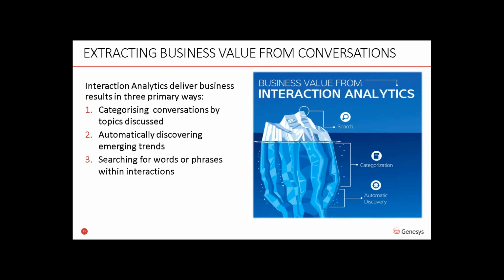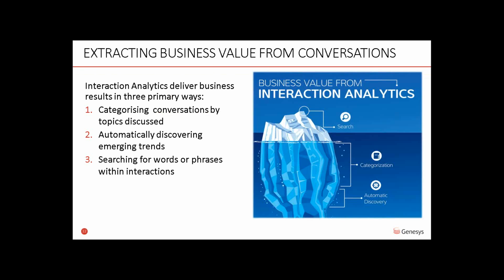So it's really crucial to have an interaction analytics solution that can automatically discover those events and trends. And finally, the ability to search for words or phrases within interactions. Certainly also an important capability, but again, I would argue that it's the third most important capability in terms of delivering business value.